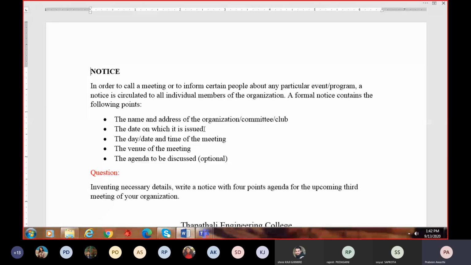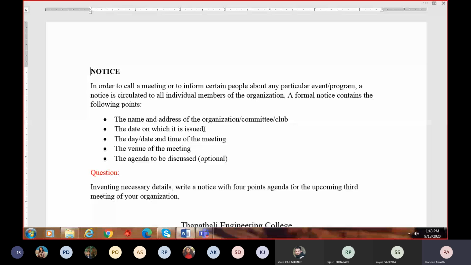But the most important thing is, if you are well familiar with the things that must be included when you write a notice, then you can write a notice to call for the meeting, or to just inform somebody about different incidents, events, programs, or whatever. I have repeatedly used the word meeting here, because our focus will be on writing notices to call somebody for the meeting.